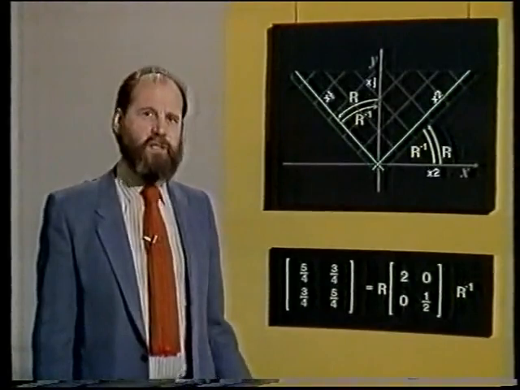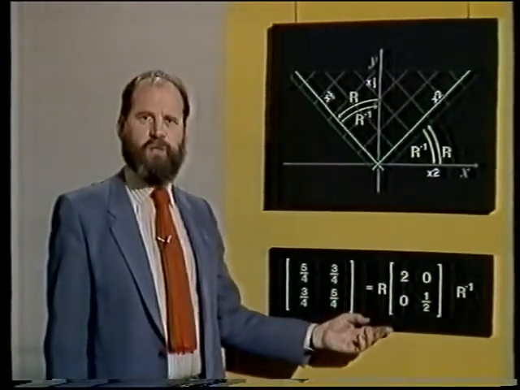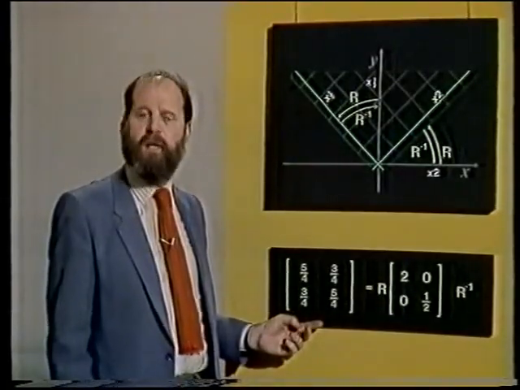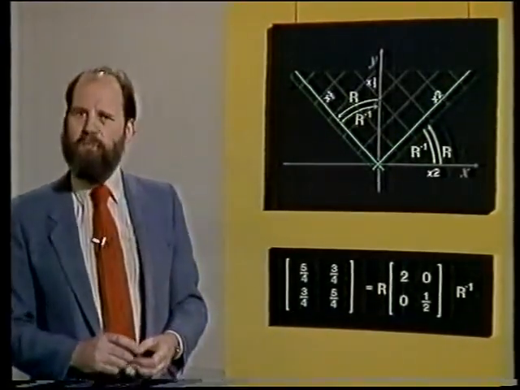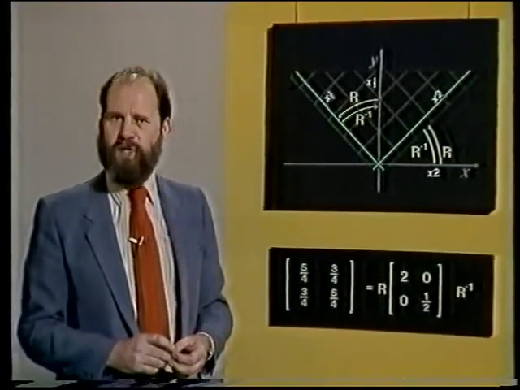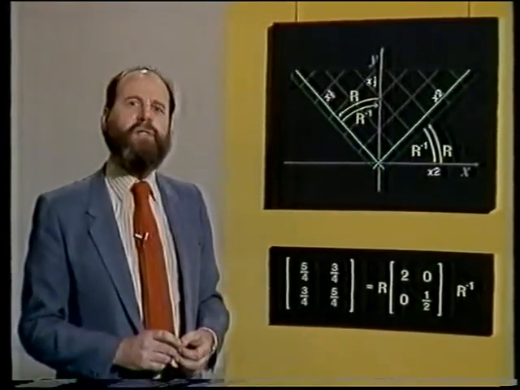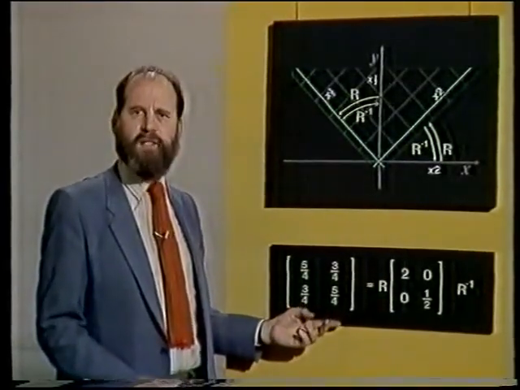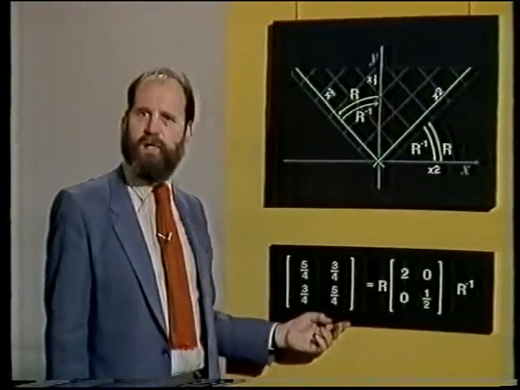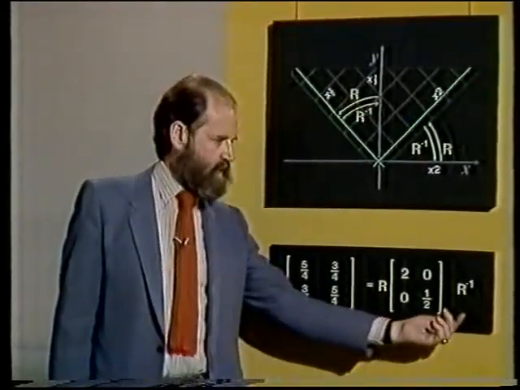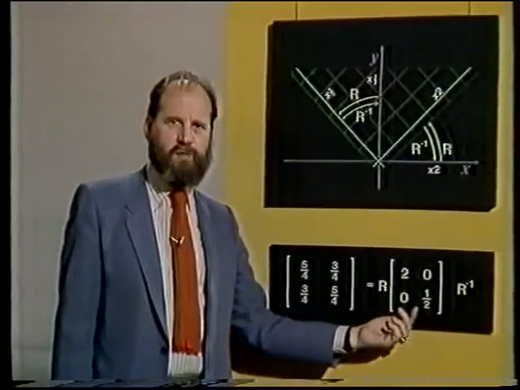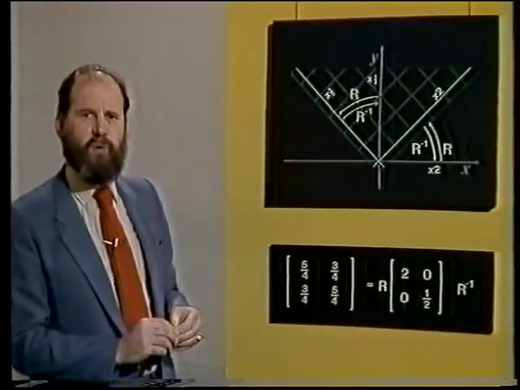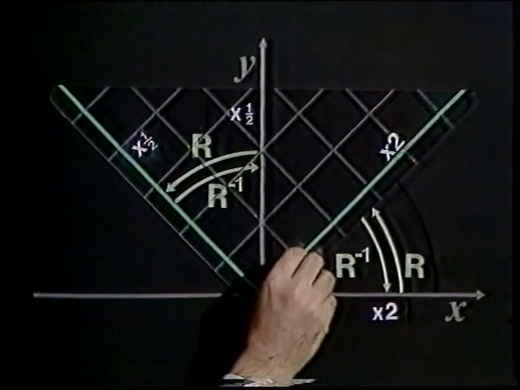Well, you've already multiplied out the right-hand side, so you know that this product is the same as the matrix on the left. What I want to do now is to illustrate geometrically that they represent the same transformation. That means that if I take a point and I transform it by this, it has exactly the same result as if I take the same point and transform it by this, followed by this, followed by this. For example, let's take a point on this eigenline.